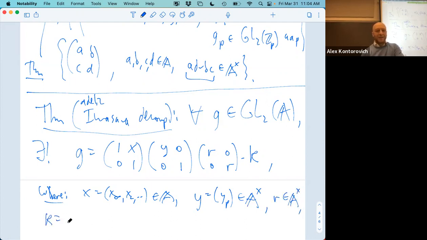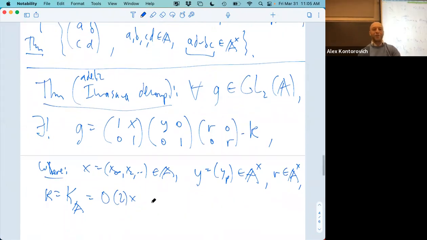And k is in the adelic compact, which is the product over all the compacts. The GL2 R compact is O2, and then a product over all primes of GL2 Z_p. Now they're all compact, so I don't need a restricted product. It's already restricted to the compacts.